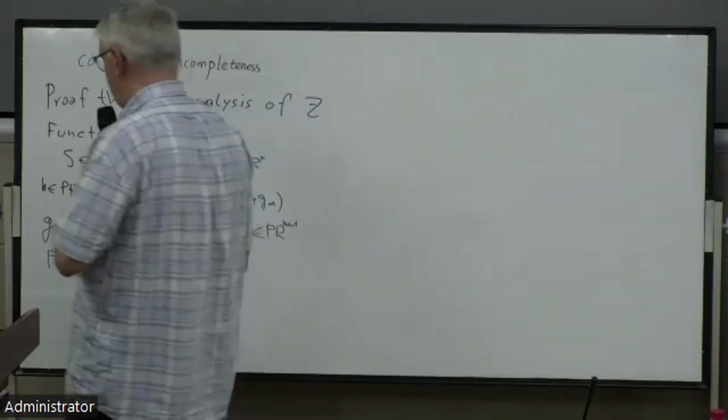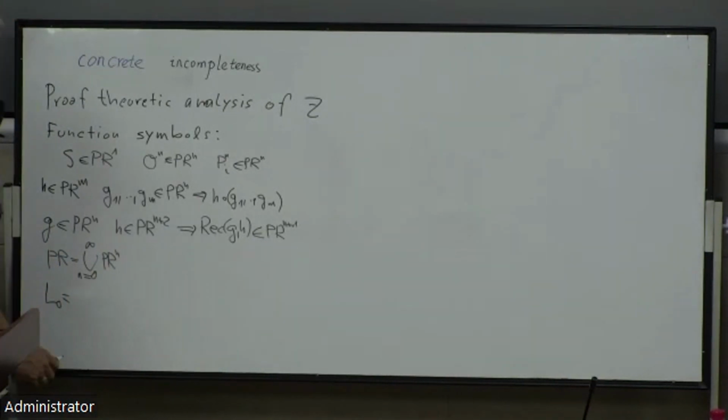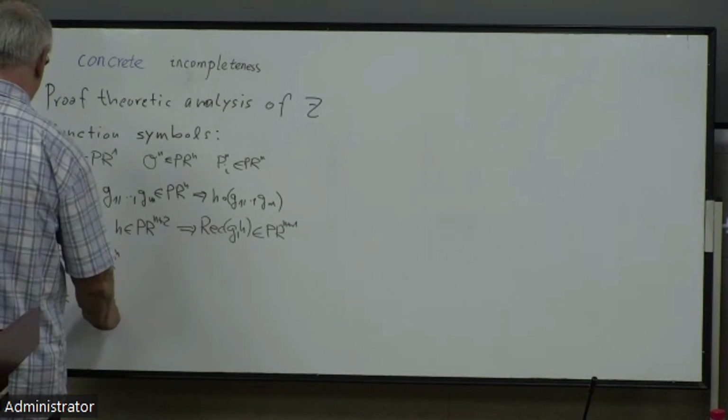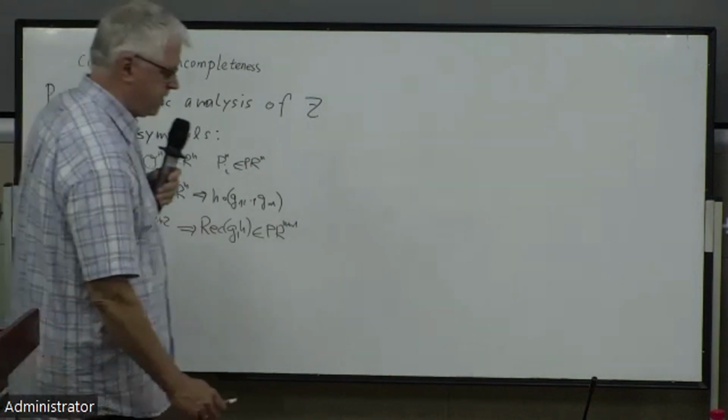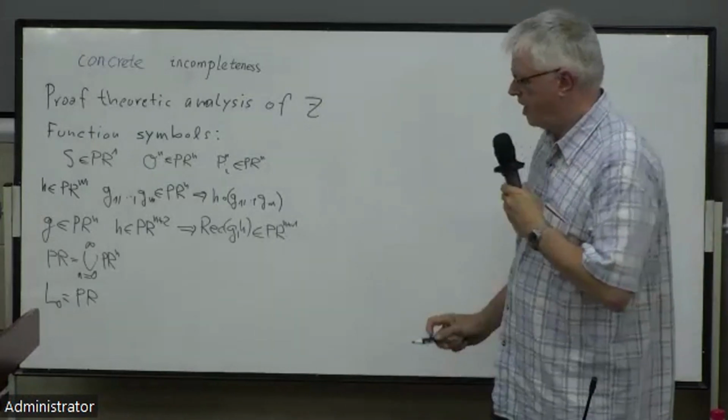And then I have a language L0. And this is just consisting of function symbols. And as a relation symbol, we have only the equality. So let me write it like this, and just denote the set of function symbols as language L0.